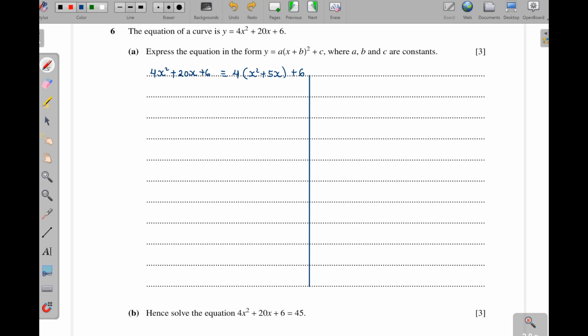Now suppose we have something like this, x plus b squared, and I expand this one here. It will give us x squared plus 2bx plus b squared. Now I only need the part that has these 2 terms with the x in them.